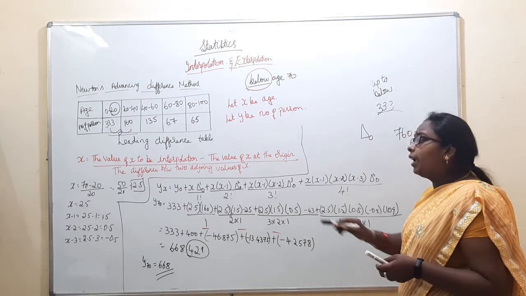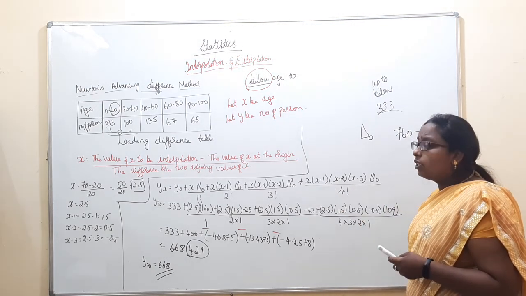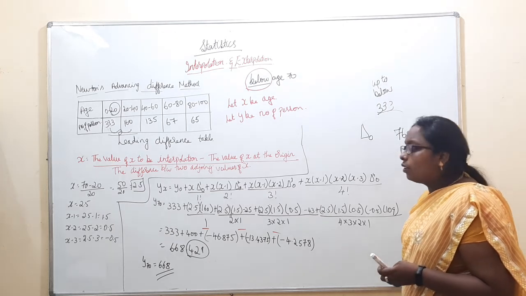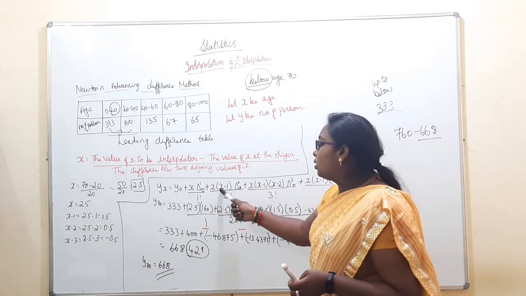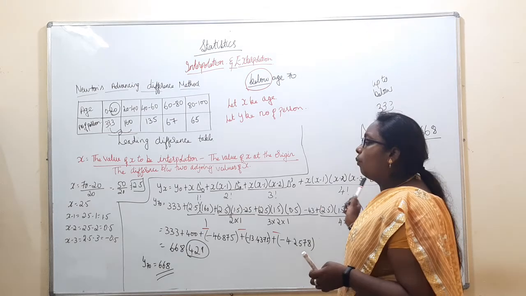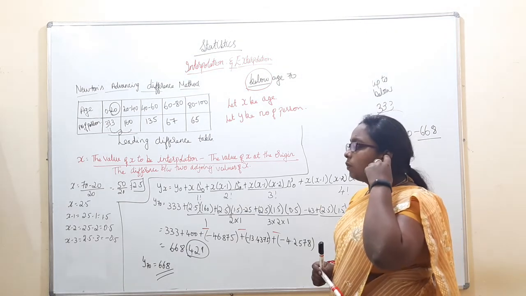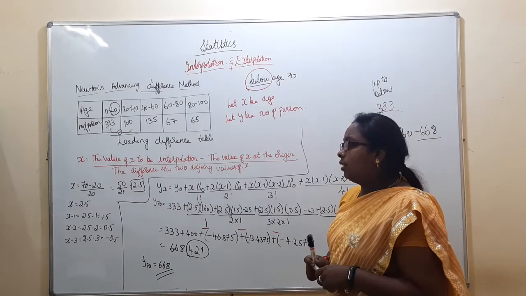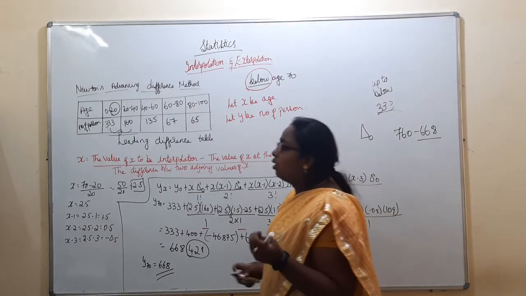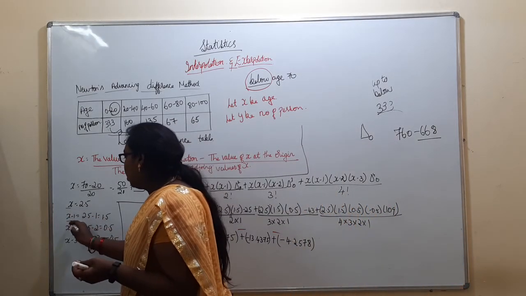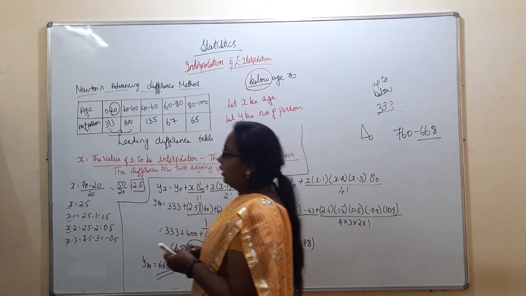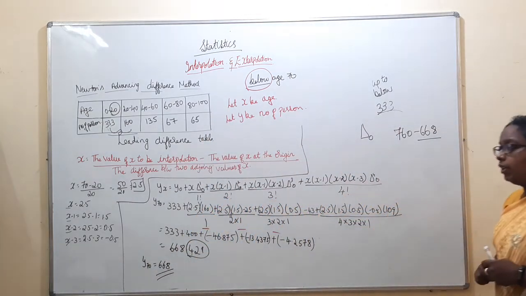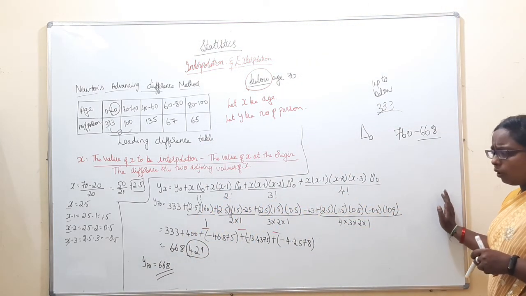After doing that, I need to find out my x value first. Keeping the x value, I need to find out the variables of x, substituting in the formula. So x minus 1, x minus 2, x minus 3. 4 factorials are there, so 1, 2, 3, 4 factorial. After that, I will substitute in the formula.